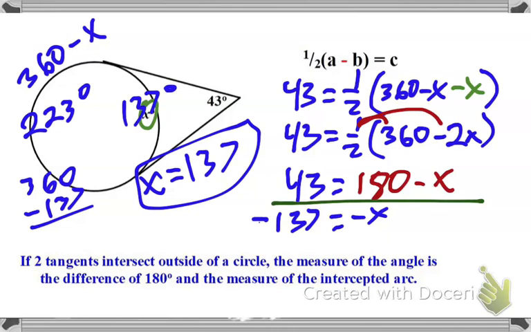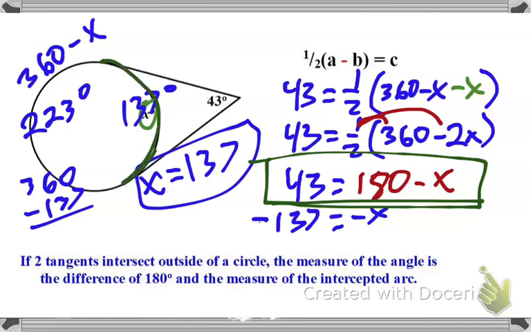So it does shortcut a little bit. What we can do is just jump straight down to this line here. Just take the angle, subtract it from 180, and that is going to give you the minor arc. It will not give you the major arc, but the major arc you just subtract from 360, so not a big deal. All right, so that is that.